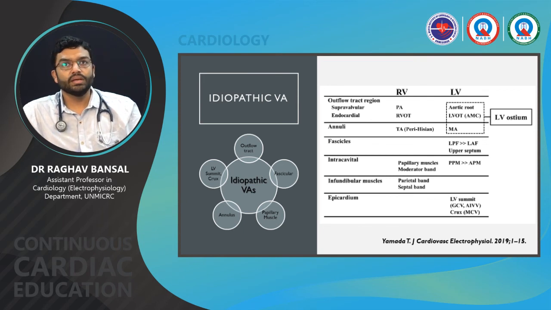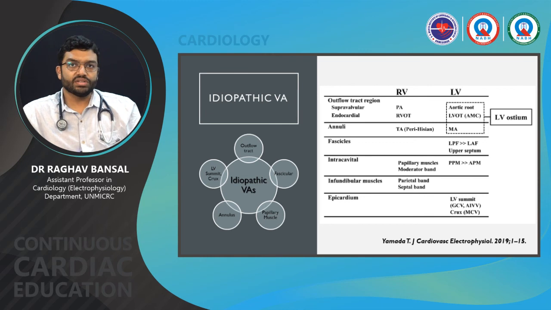And then they can be from the annulus, either the tricuspid annulus, where the most common location is parahisian, or the mitral annulus. If we see the fascicular VT, the left posterior fascicle is the most commonly involved fascicle, and in around 90 to 95% of the cases, the left posterior fascicle would be the site of origin, and left anterior fascicle is fairly uncommon.